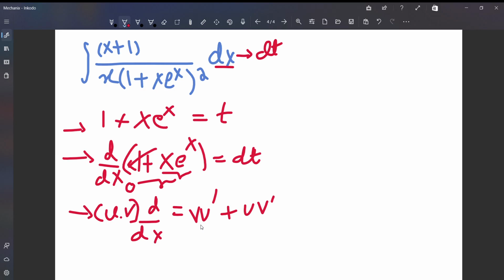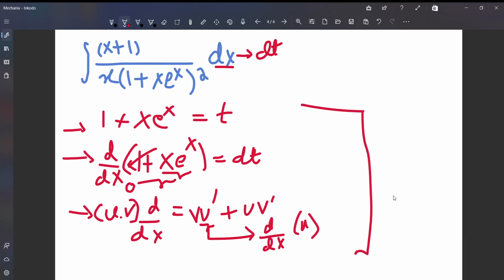By the term dash, I mean d by dx of u, that is the derivative of u. So if you've noted down this, I'll slide on to the next page.